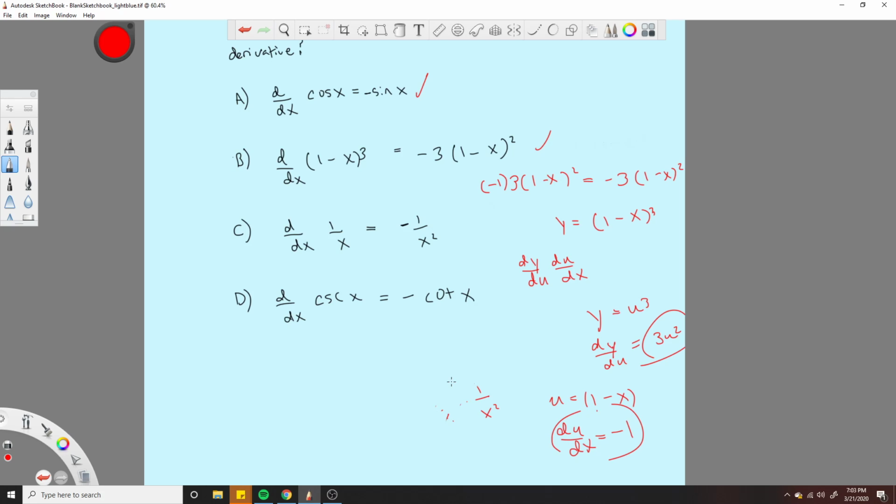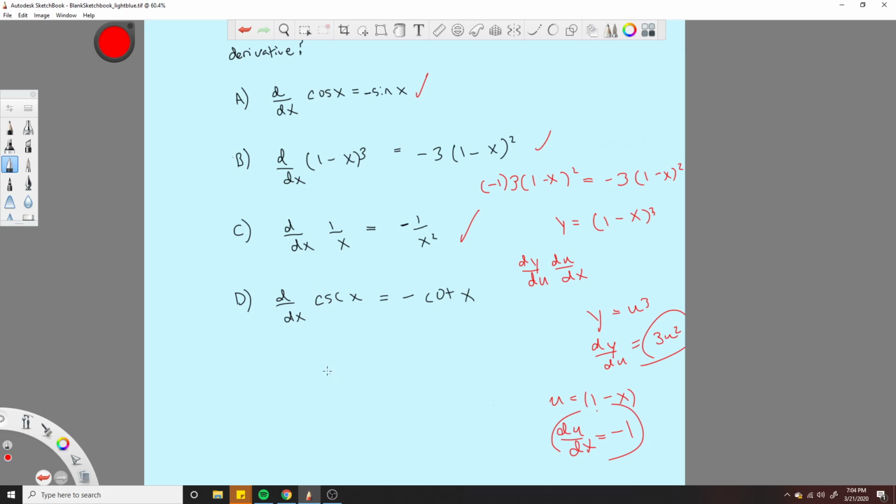That's just another thing with derivatives, like when you're just dropping powers, because you're going from x to the negative 1 to x to the negative 2, you know, that kind of thing. So that one's good. So clearly this one's wrong, because these are all good, right?